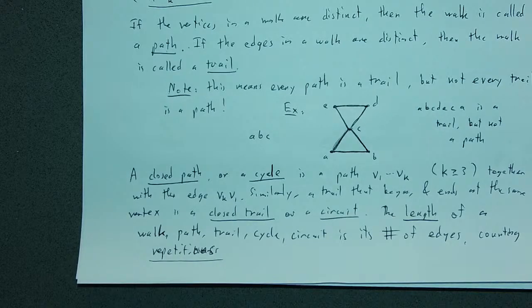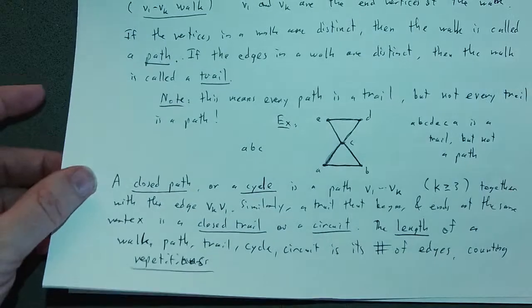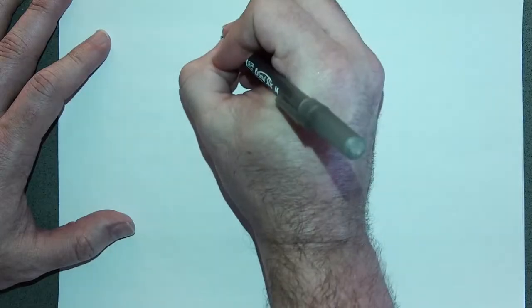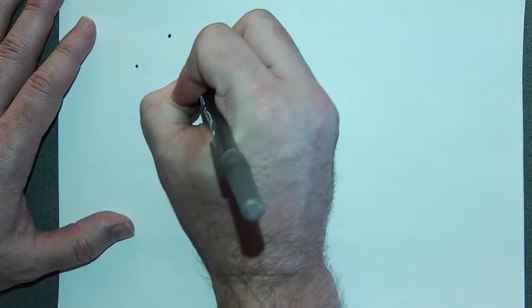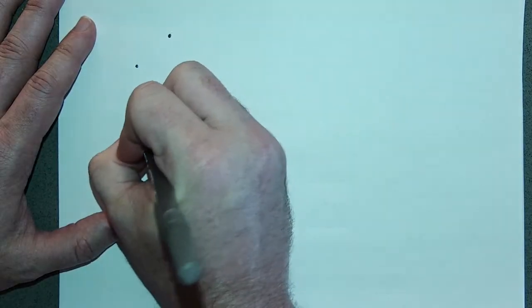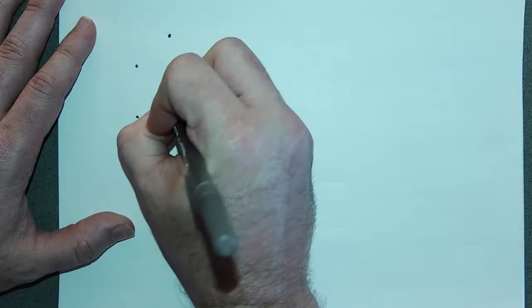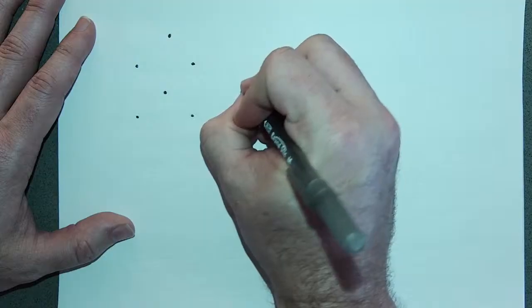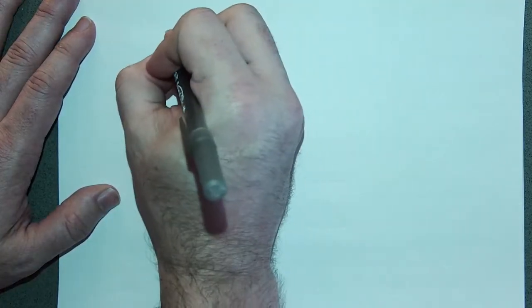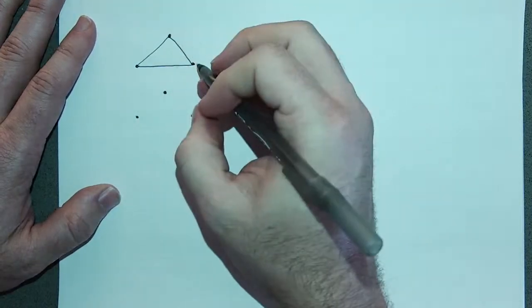So let us draw a nice graph and talk about some of these terms that I've given here. Let me make it big enough to see everything that's going on here. So let's label these.